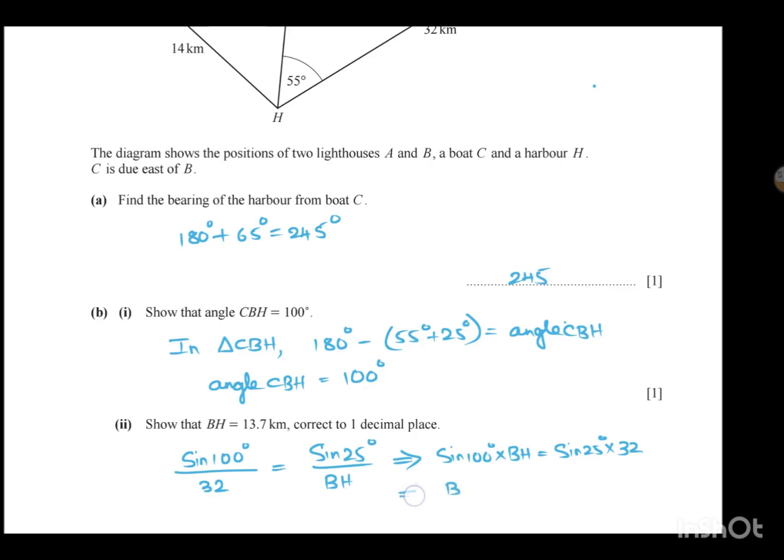Keeping BH on the left hand side, bring sine 100 onto the right hand side, so it gets divided.